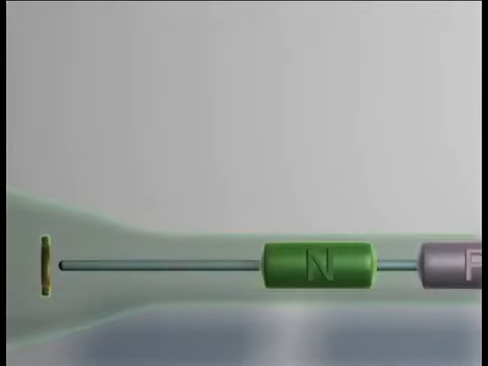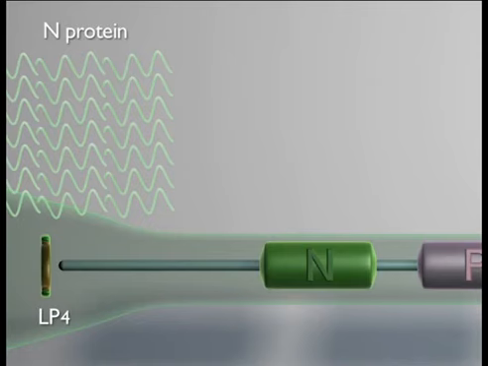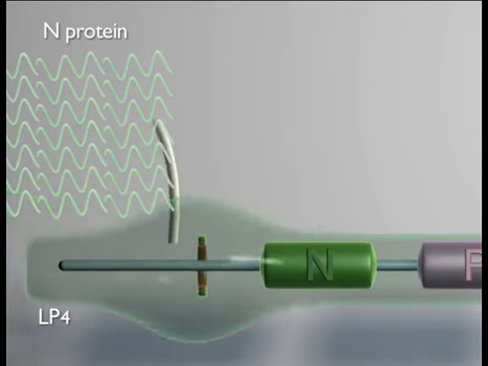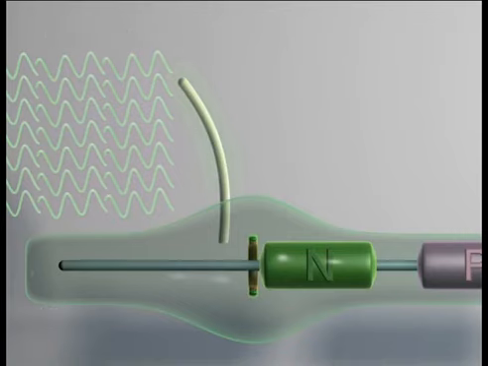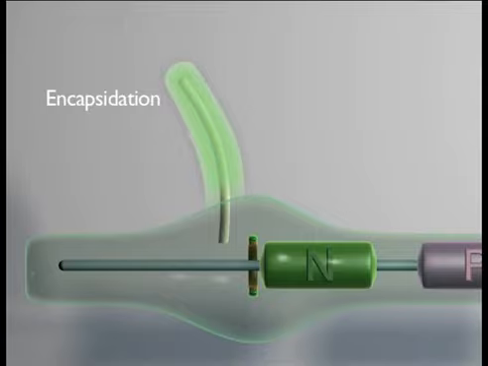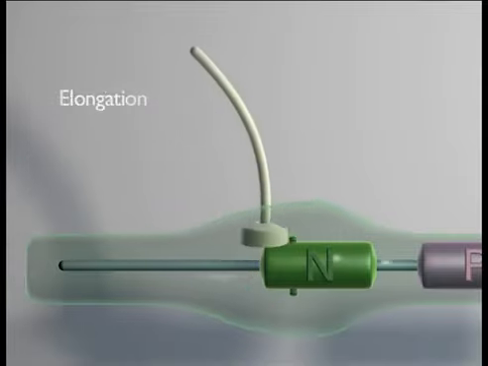Back at the replication site, the transcriptases are still transcribing messenger RNAs. But as soon as enough N protein is produced, it will bind at the 5' end of the product RNA, where the encapsulation signal lies. This results in encapsulation and elongation of the leader.